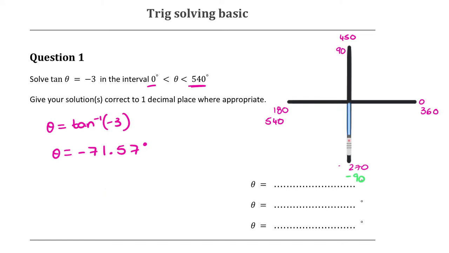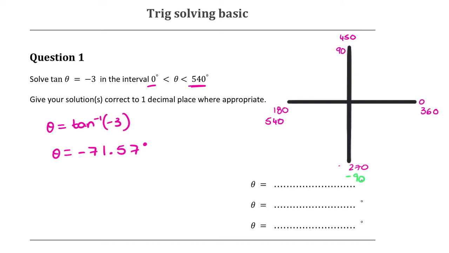Where would -71.5 go? Would I draw that here, for example? No, of course not. Would I draw it here? No. If I was to draw this angle, what would you say this angle is? 71. Okay. Is it positive? Yeah. If I was to draw this angle here, what would you say this angle was? About 150?